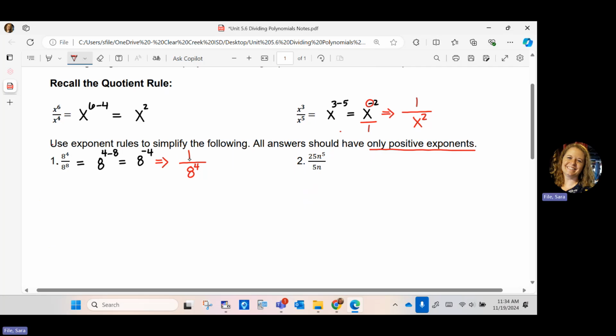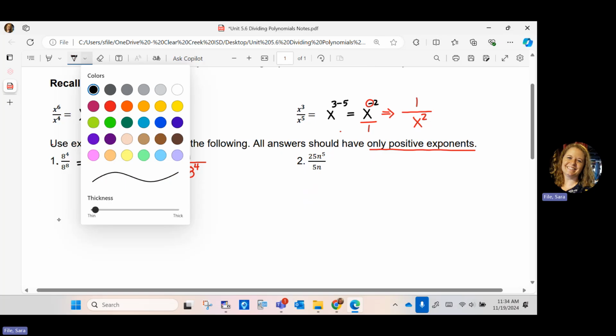Now, up here these were letters, so we left it as x squared. But this is a number to a power. So when they tell us to simplify, if it's numbers raised to powers, we can go ahead and calculate those.